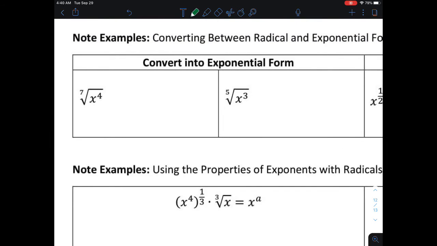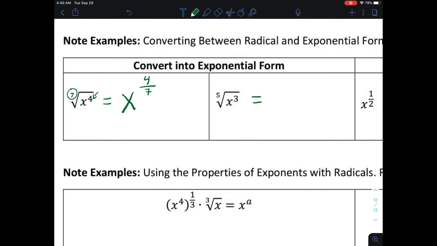So let's convert the 7th root of x to the 4th power into exponential form. So we're going to write this as x raised to a power. Now, the power of the radical, which is 7, goes in the denominator, and the power that's applied to the exponential function goes on top. So that's the same thing as having x to the 4/7 power.